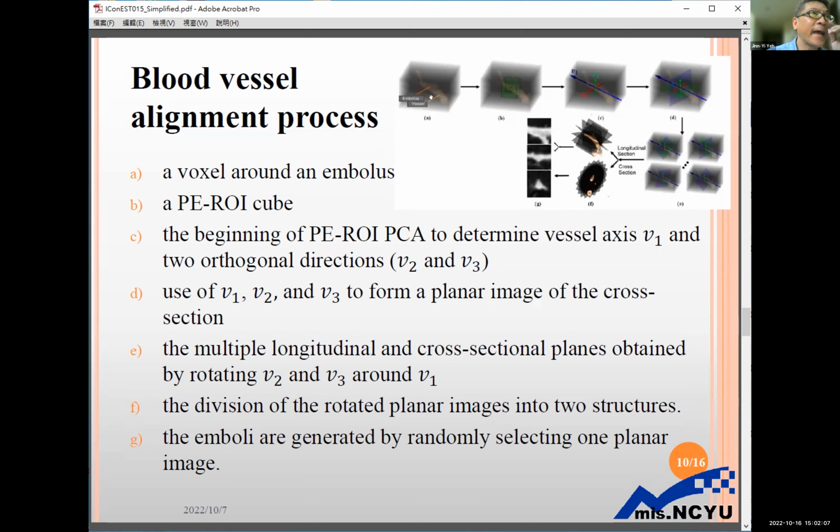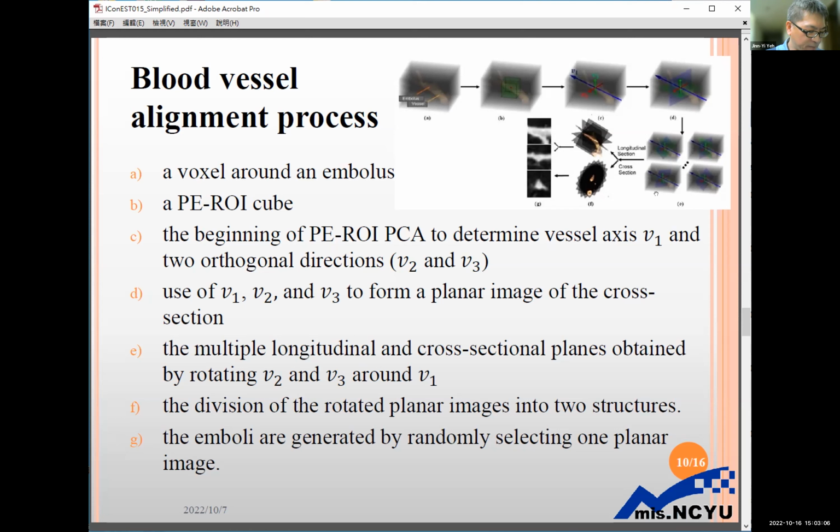Figure A is a voxel around the embolus, and B is a PE ROI cube, and C is the beginning of the PE ROI. PCA is used to determine voxel axes V1, V2 and V3, orthogonal directions, which form a planar image of the cross section, shown in blue, and a planar image of the longitudinal section, shown in green. Figure E shows the multiple longitudinal and cross-sectional planes obtained by rotating V2 and V3 around V1.